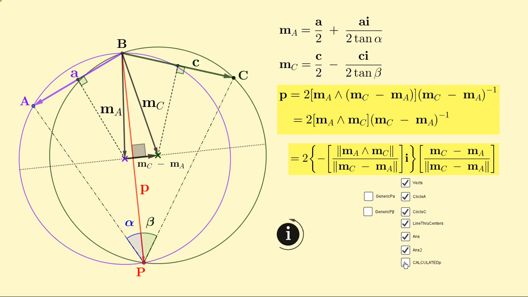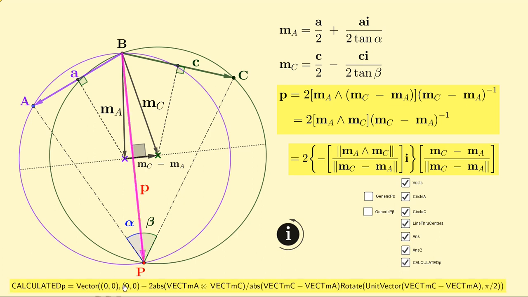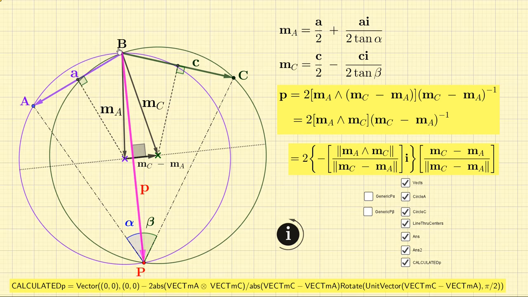So let's see how we make use of that representation in order to check our calculation by using GeoGebra. Here's the command that I used, and we have to note that this command applies only when our reference point B is at the origin of the plane.